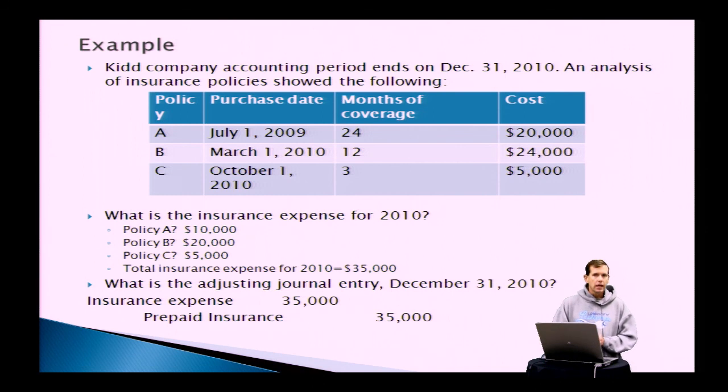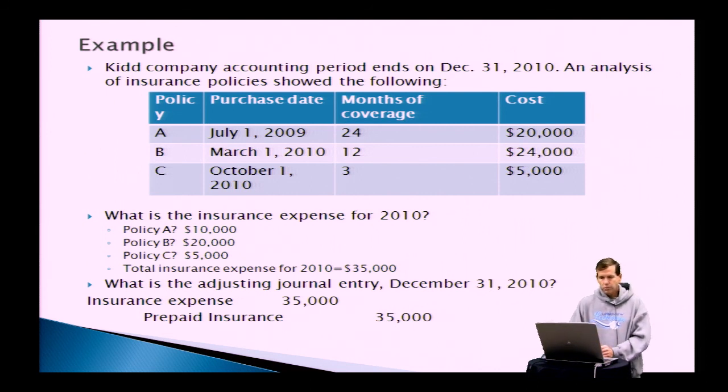So the key, regardless of whether it is insurance or advertising or whatever the prepayment may be, is to determine how much of that prepayment has been used up during this accounting period, or how much of that has been expensed during this accounting period. And you make your adjusting entry. You always will debit the expense for that amount and credit the asset.